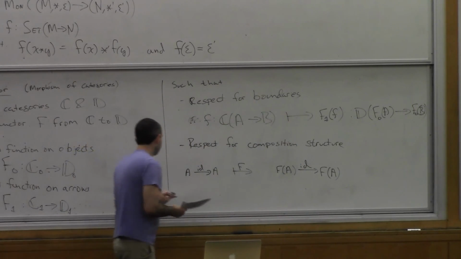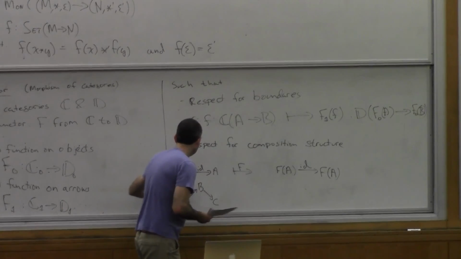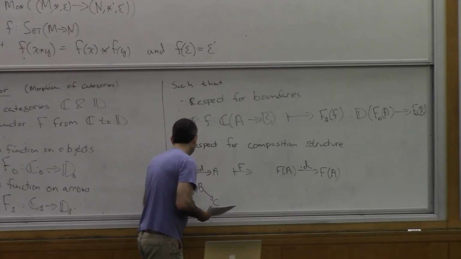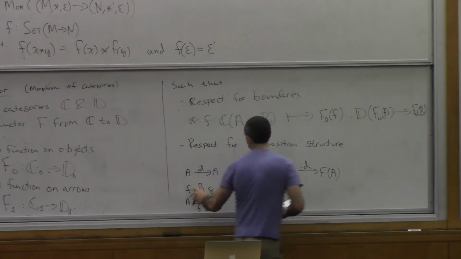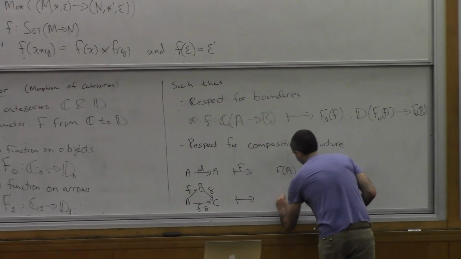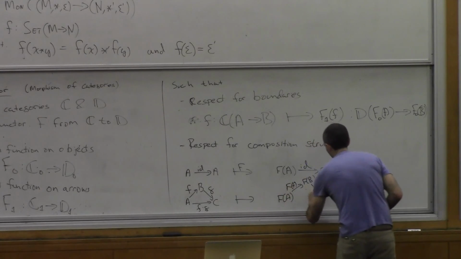And lastly, if I have two composable arrows here, f and g, and their composition, we know where the two arrows have to go. They go from F of A to F of B, so that's the functor F applied to the arrow f.